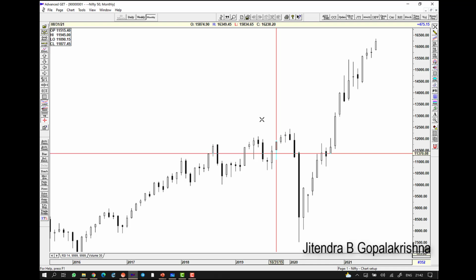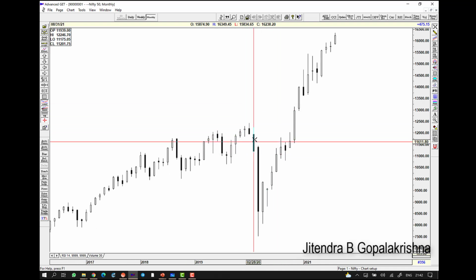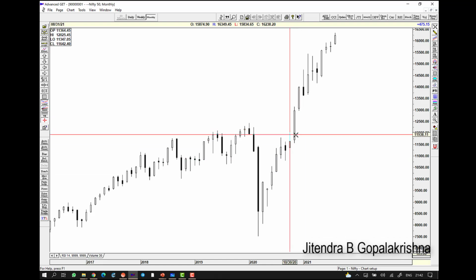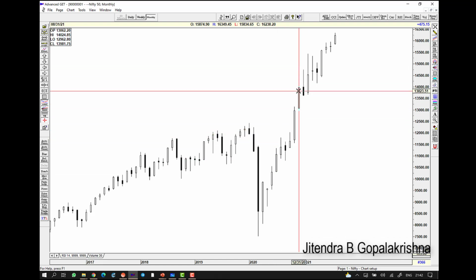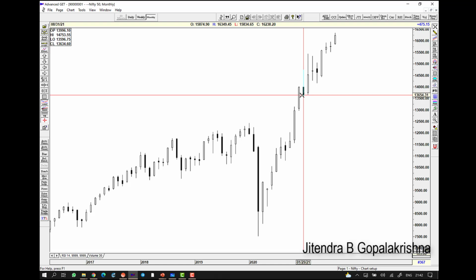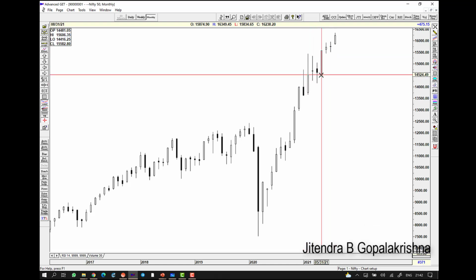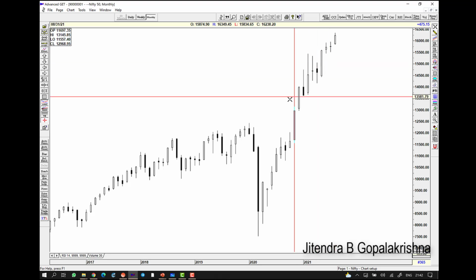So now let me quickly show you in a few softwares like this, for example. So in this software it is black and white. Black is a bearish candle, white is a bullish candle. So if you see here a bullish candle, this is a low powerful bearish candle, again a low powerful bullish candle, very strong bullish candle. See, like that, all of those you can kind of see here.